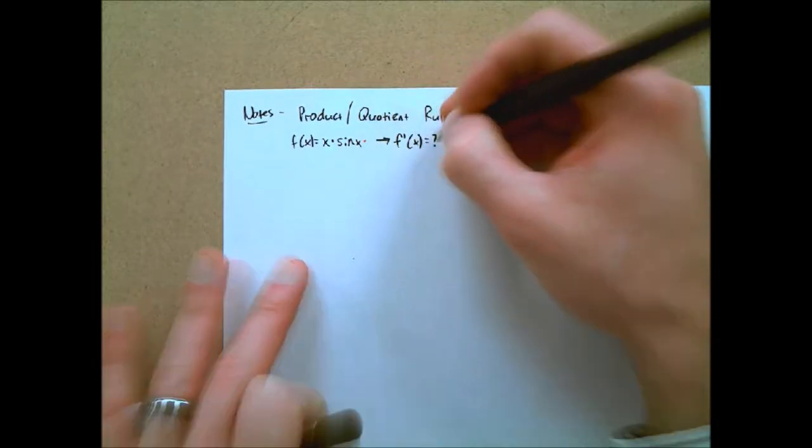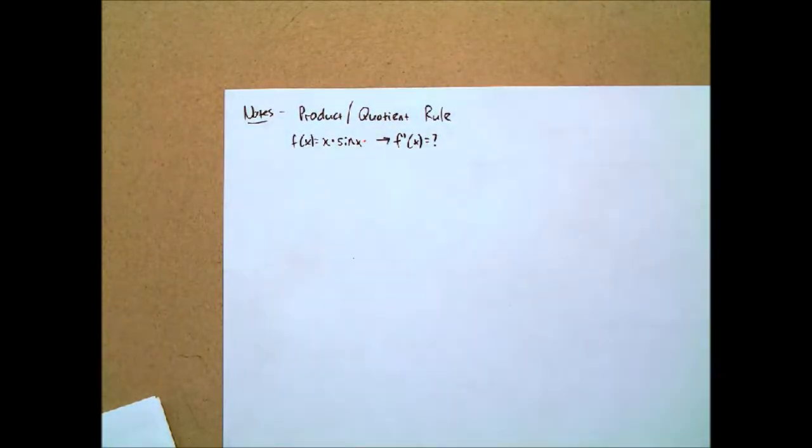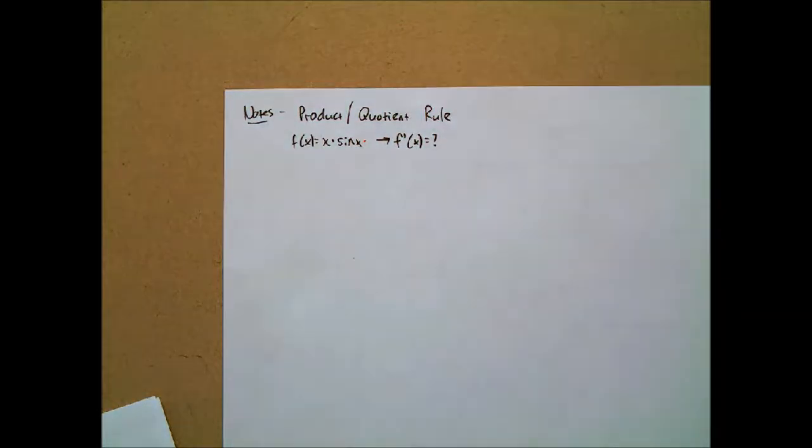This kind of question is unanswerable for us right now, because we know how to take the derivative of x, and we know how to take the derivative of sine, but we don't know how to take the derivative of the product of x and sine together. You might think, oh, the derivative of x is 1, the derivative of sine is cosine, and so the answer should just be cosine of x. But it doesn't quite work out that way.